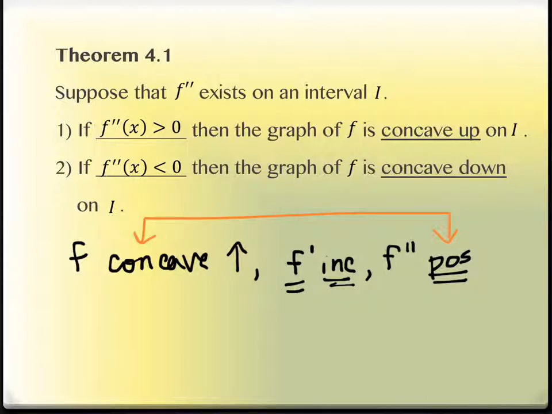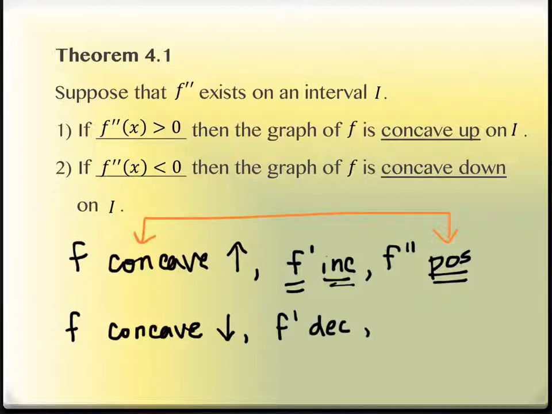And the second part of this theorem with concave down works the same way. So if I have a graph that is concave down, then according to the definition on the previous slide, that means that the derivative is decreasing.